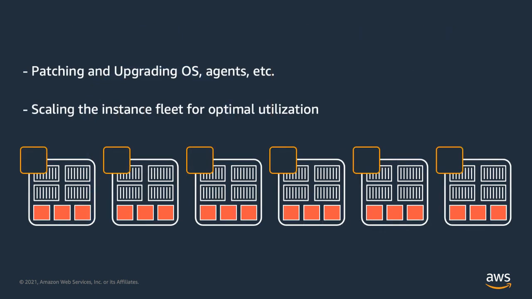So you're patching, upgrading OS agents, etc., and scaling the instance fleet for optimal utilization. You don't have to worry about it, right? Because you need to say when you want to spin up new containers, or the new task itself. You just leave that to Fargate, and they will make sure it scales up at the optimal level, because you don't want to be scaling up your infrastructure when running at 50 or 60%.